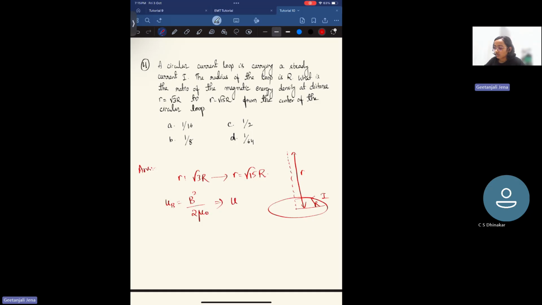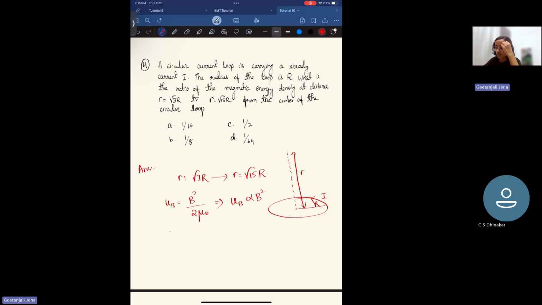So that means U_B is directly proportional to B square. For these two points, first we need to calculate the magnetic field, and by taking the square of the ratio, we can find the answer.